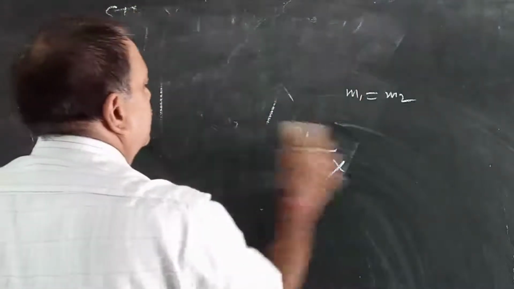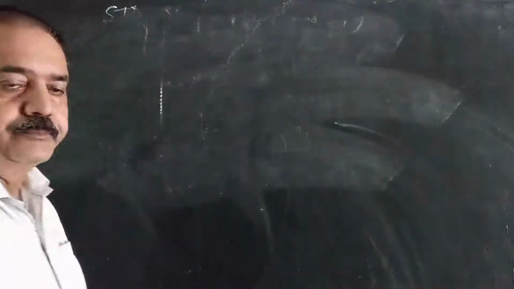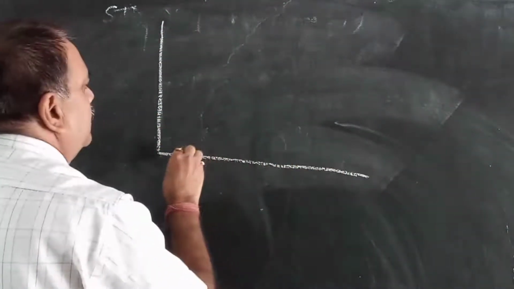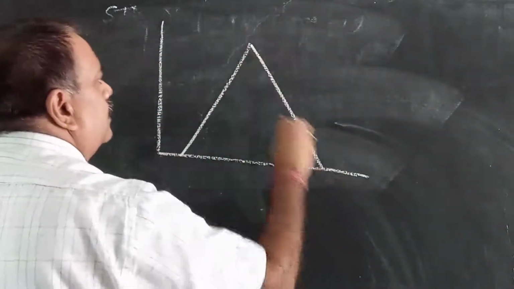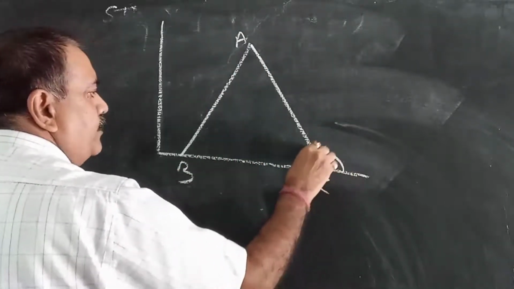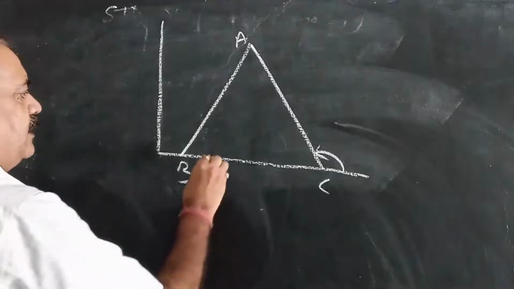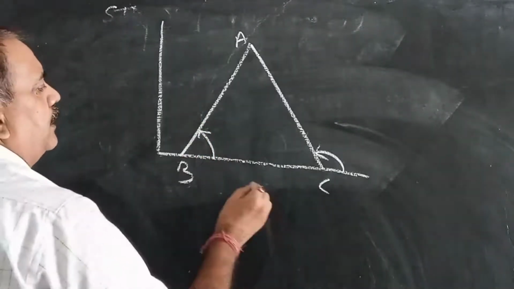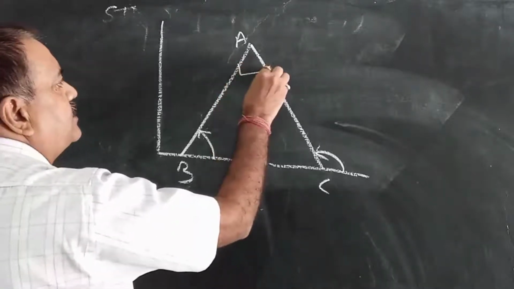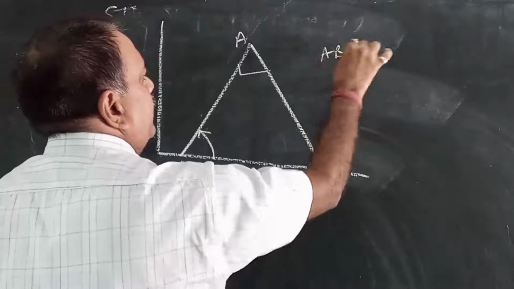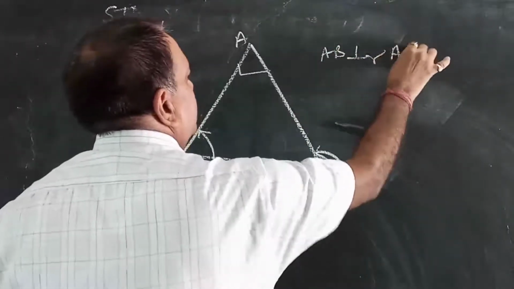Now come to the perpendicular. Say this one, A, B, C. This is a slope in the positive direction anti-clockwise. This is also a slope in the positive direction anti-clockwise. Let this angle be theta. AB and AC, AB perpendicular to AC.